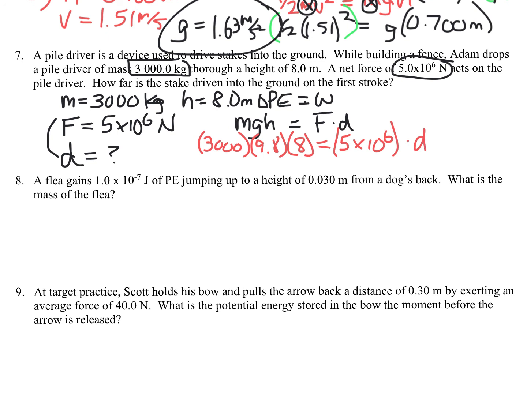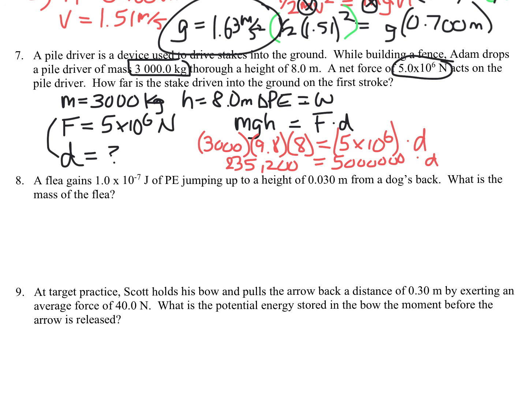Absolutely. To do that, let me do 3,000 times 9.8 times 8, which gives you 235,200 equal to 5 times 10 to the 6th, which is 5 with 6 zeros after it. I'm going to divide by that.